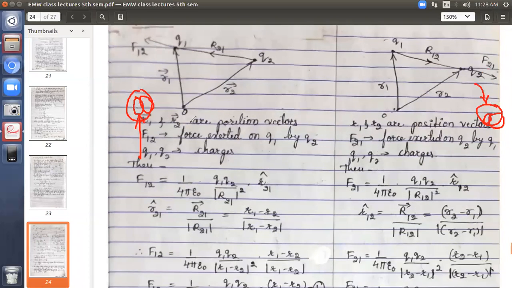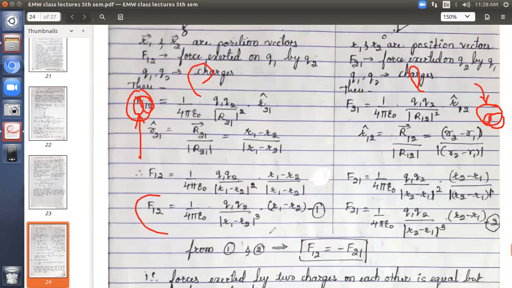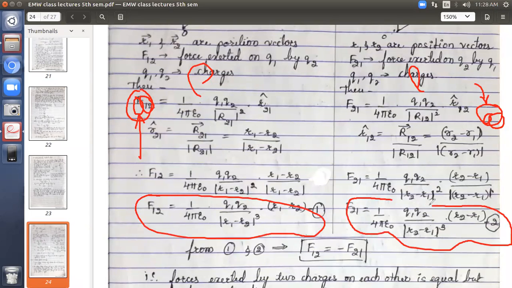Accordingly, from the figure using vector addition, we have seen F12 is this equation. I will not go into details again. You can just recall the previous session. With these two, if you observe both the forces, the sign is different. However, the magnitudes of these forces are the same. So they are equal in magnitude, but the direction will be opposite for both the forces.